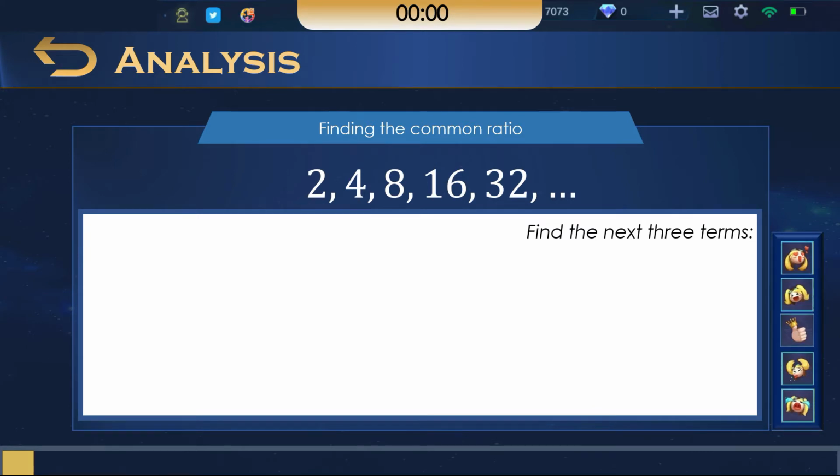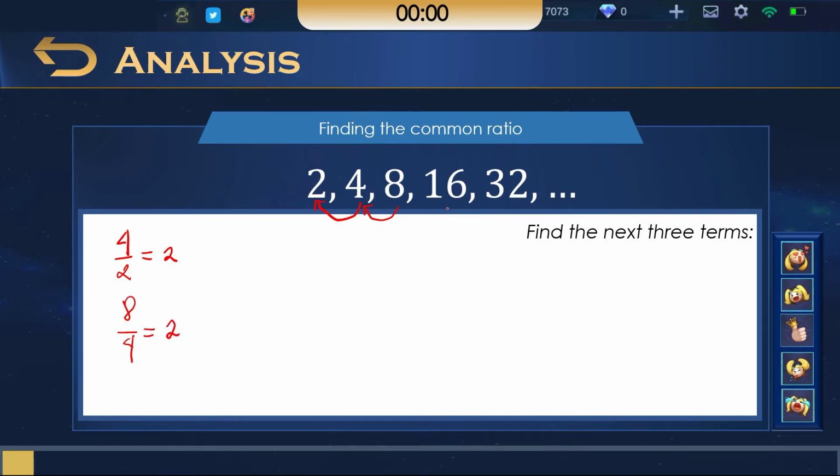To answer this, simply what we are going to do is divide each term by the previous term. So 4 divided by 2, the answer is 2. 8 divided by 4, the answer is also 2.